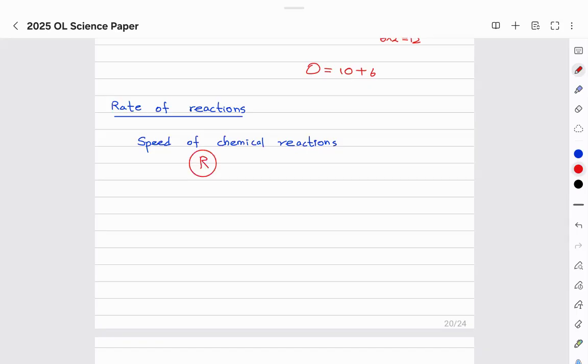There are 2 methods to measure the rate of a chemical reaction.